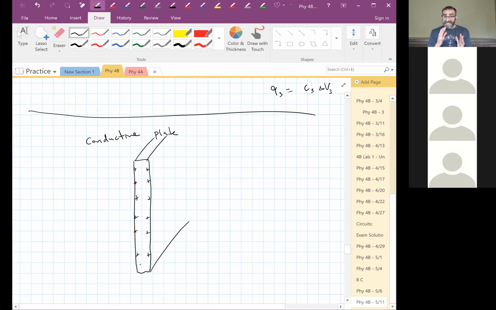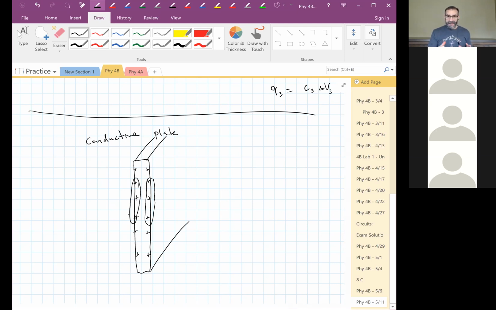So for a conductor, sigma is charge per area. We would look at just the charge on this side and the area on this side to get sigma, or just the charge on the other side and the area on that side to get sigma. We wouldn't combine them and use both sides.